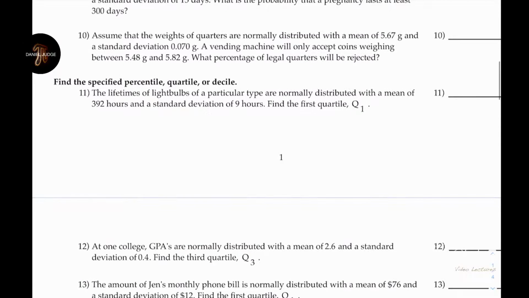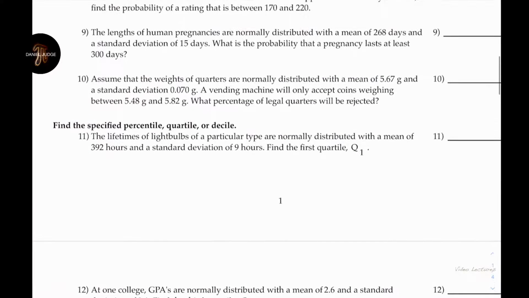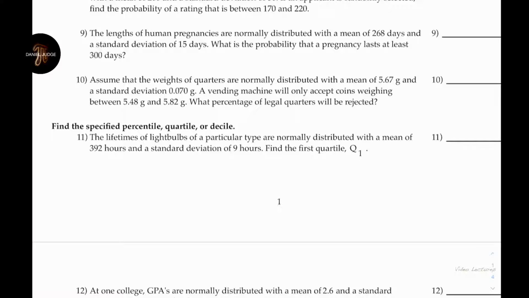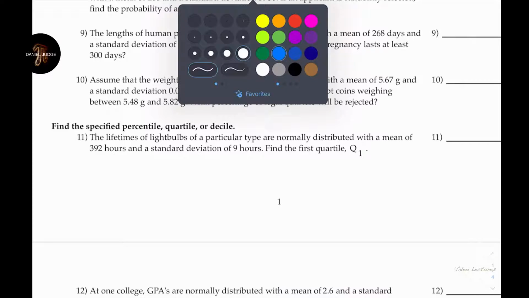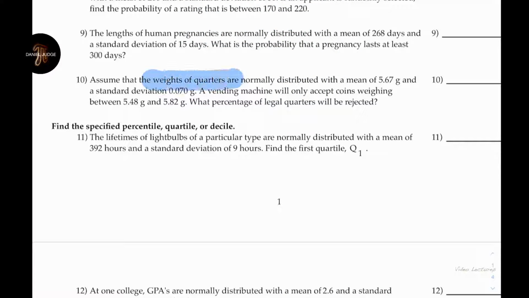Number 10. Assume here. What are they saying in this one? Assume the weights of quarters are normally distributed. Oh. Okay. The weights of quarters. So X is the weight of quarters.